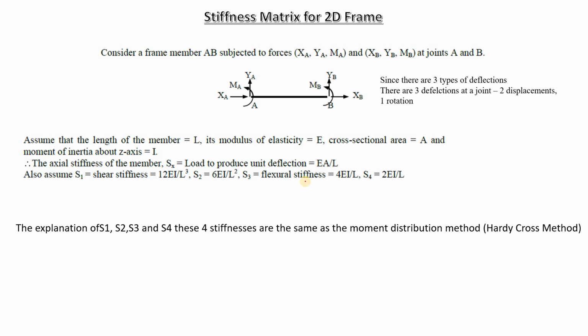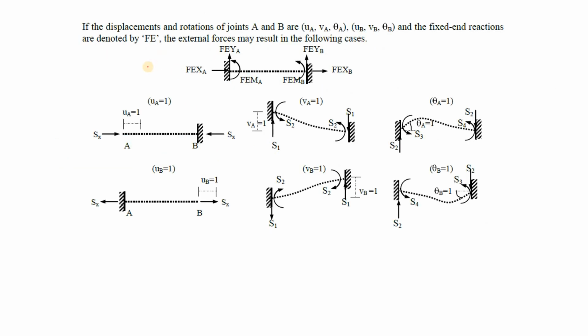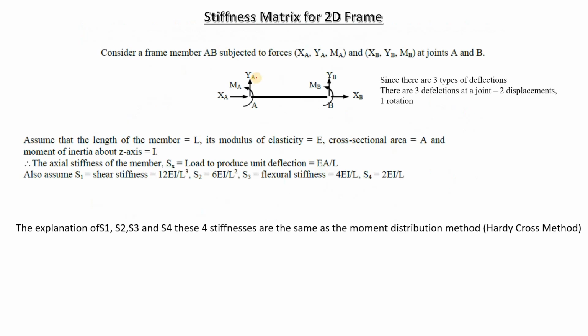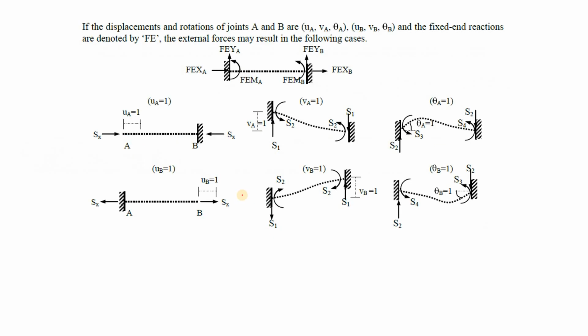Okay, so we have seen that there are 6 unknown forces: XA, YA, MA, XB, YB, MB. Now if we move on, we can see that the unknown forces here are actually being applied at the joint.